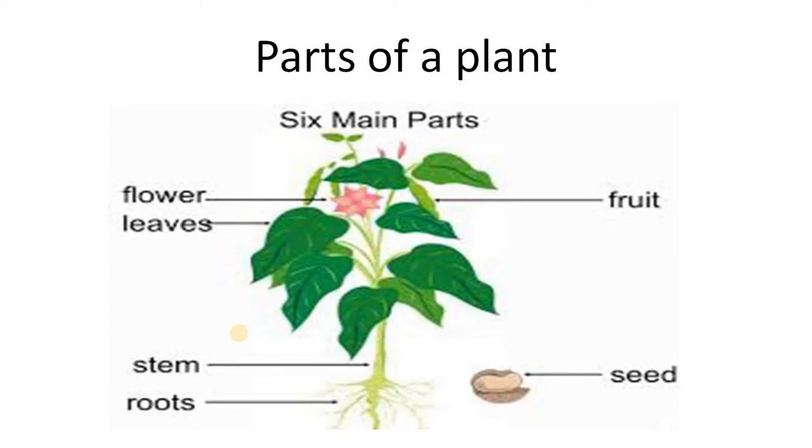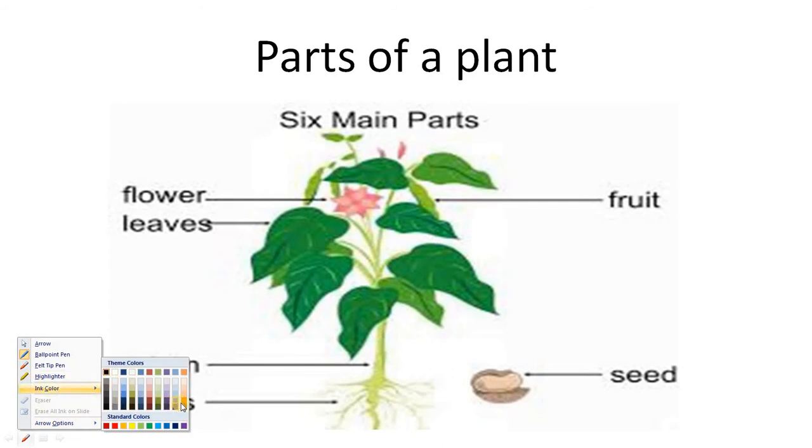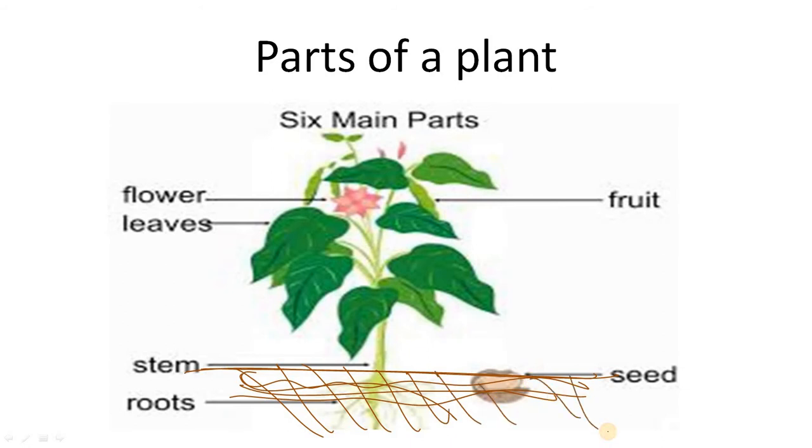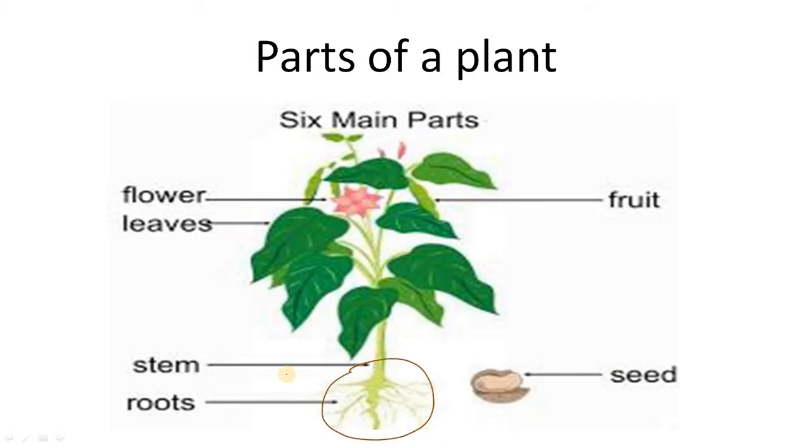So mainly, if you want to see a plant, you can divide it into 2 parts. So what are those 2 parts? Let us see. If this is the earth, let me show you. Let me take a brown color. So imagine this is the ground, and this is the mud present inside the ground, right? What do you see?